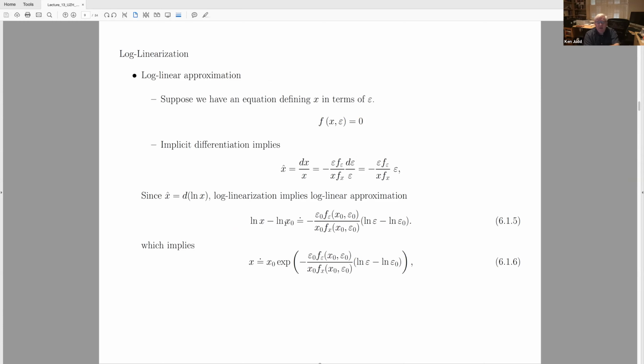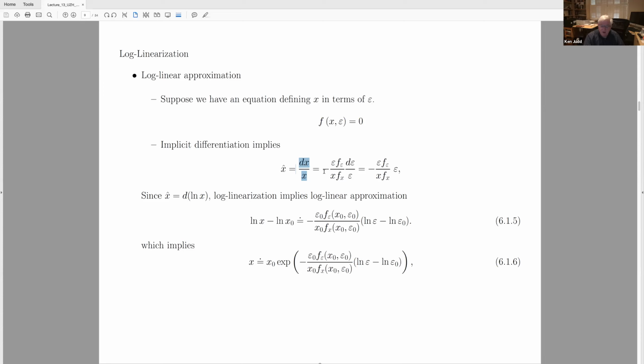Now, many of you are familiar with log linearization. So suppose we have some function of x and epsilon where you're trying to define x in terms of epsilon. And so you do implicit differentiation. And then the way we do it in economics is talk about x hat is equal to dx over x.